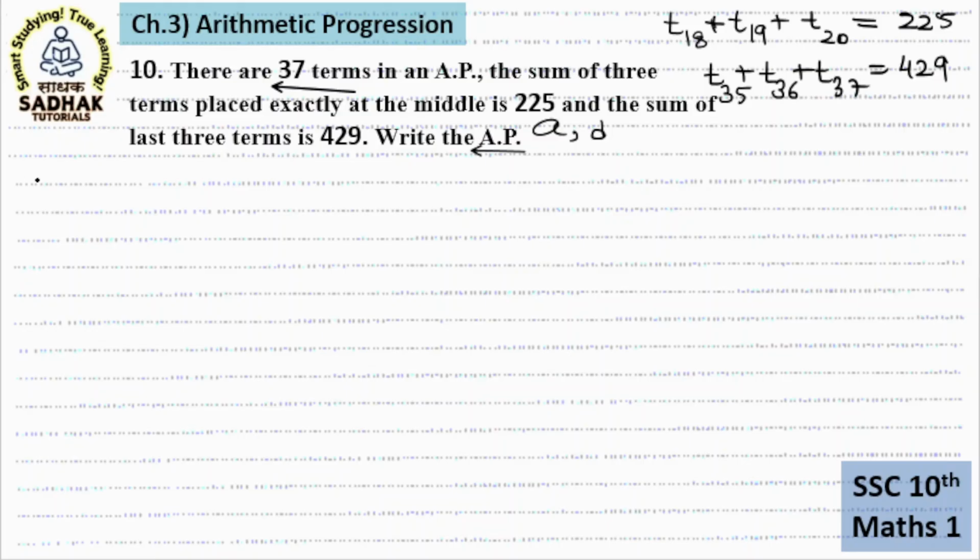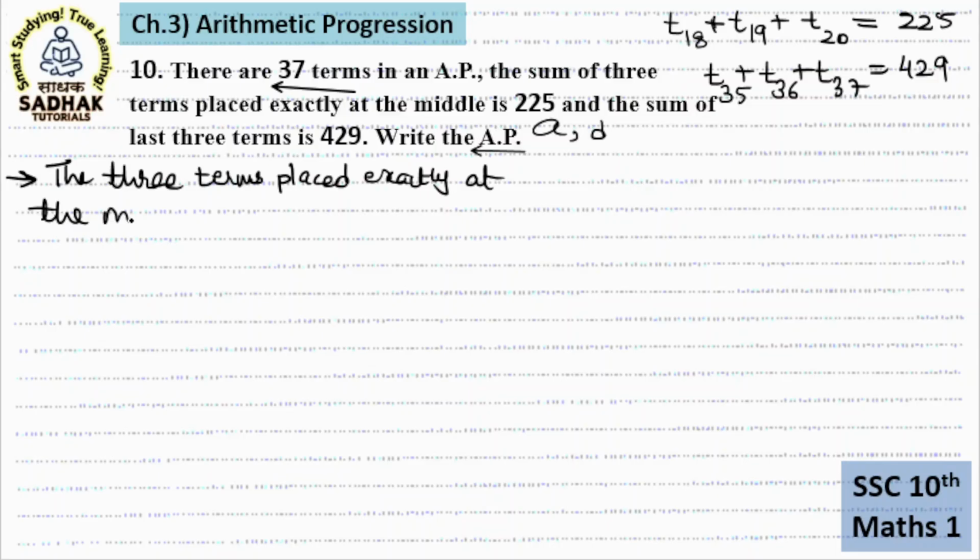Okay, chalo. So let us begin the answer by saying that the three terms placed exactly at the middle are T18, T19 and T20.